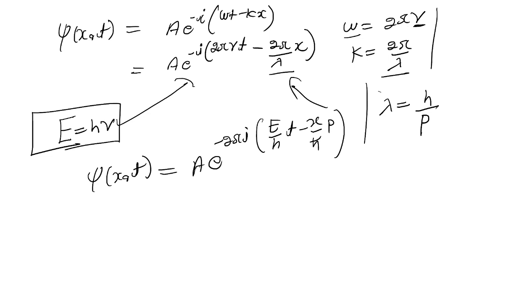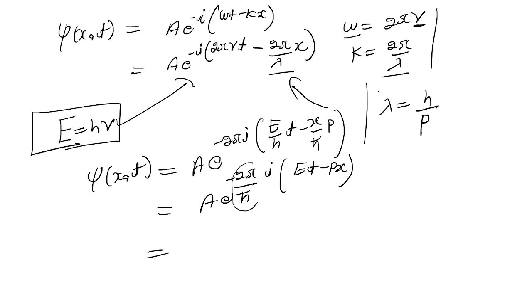Now take h common, so A e to the power minus 2 pi over h I, E t minus px. As we did in the Heisenberg uncertainty principle, we follow the same approach here.